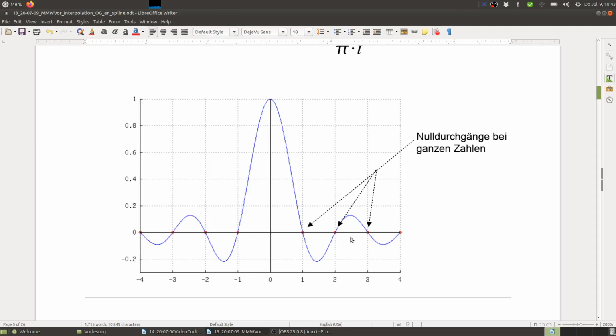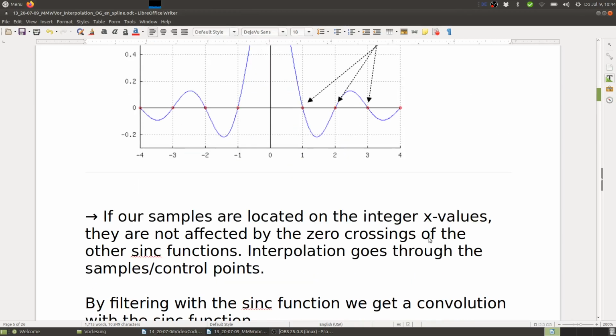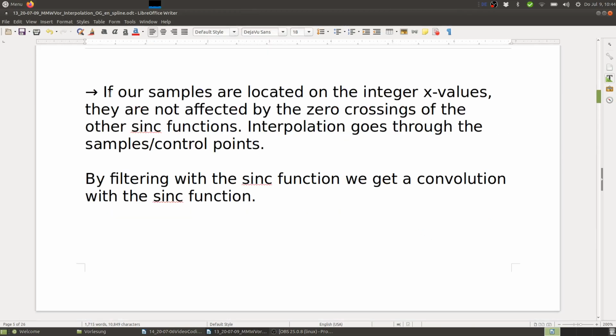Then if all the samples are replaced by those sinc functions, we simply add up all those sinc functions to obtain our interpolated curve. Right? It's that simple. So if our samples are located on the integer x values, they are not affected by the 0 crossings of the other sinc functions from the interpolation, which means the interpolation goes through the samples or control points.